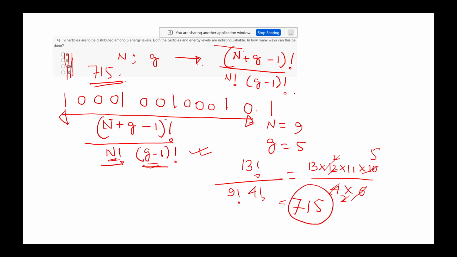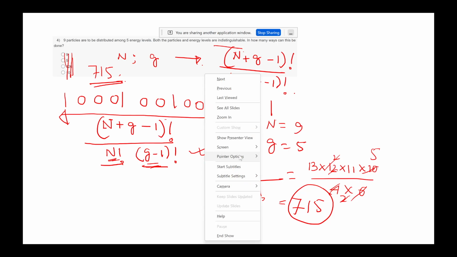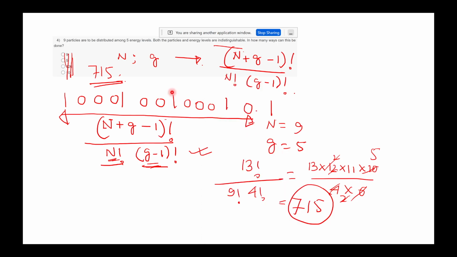We made the problem in such a way that there are a total of n plus g minus 1 objects, and we ask how many ways they can be arranged, not put in some boxes. After doing that, we got this.